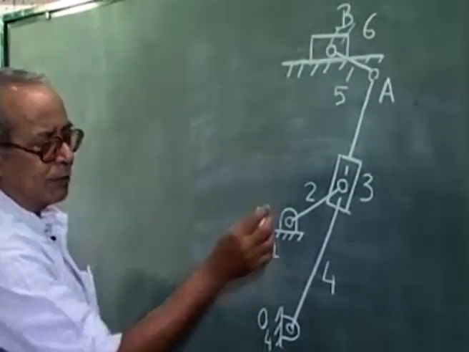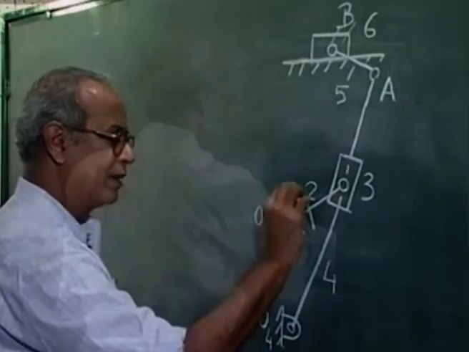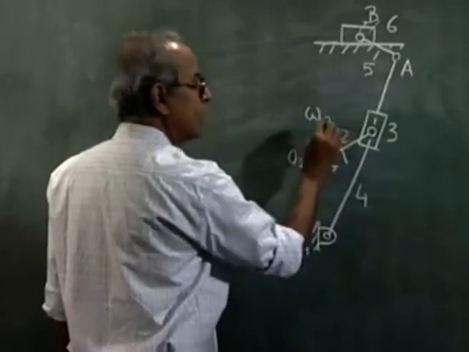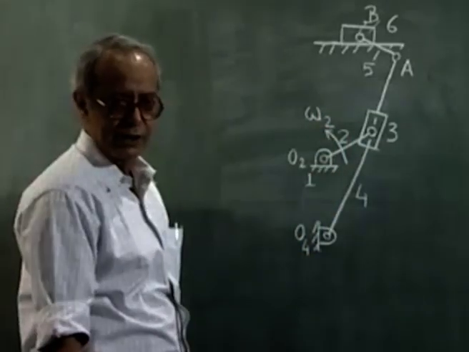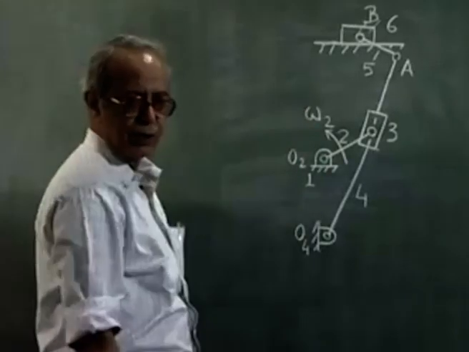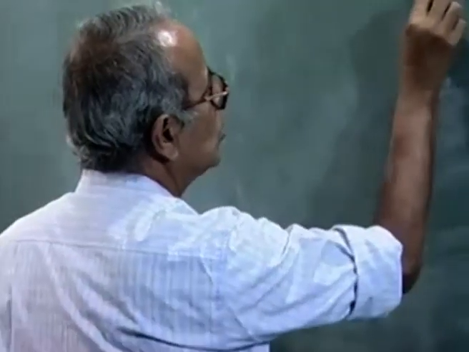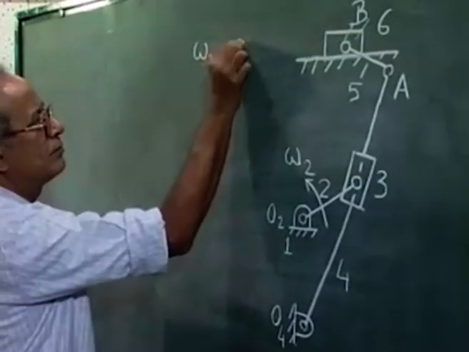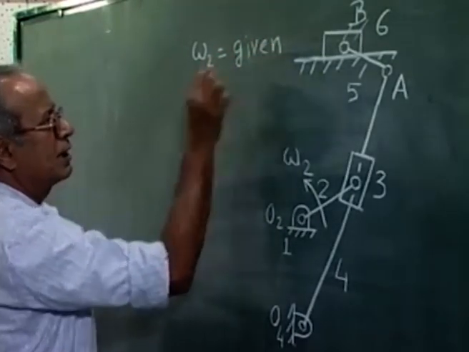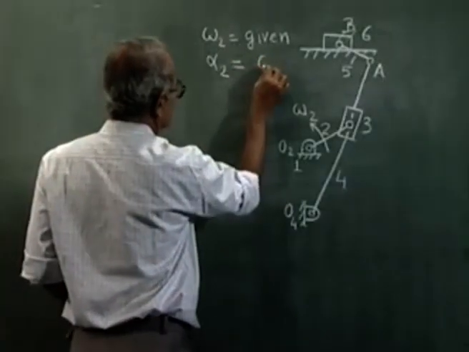So the statement of the problem is the angular velocity of this input link omega 2 is given, and let us assume it to be constant. Of course, even if it is not constant, we can prescribe alpha 2 as well. So omega 2 given and assumed to be constant, that is alpha 2 for this problem let us take to be 0.